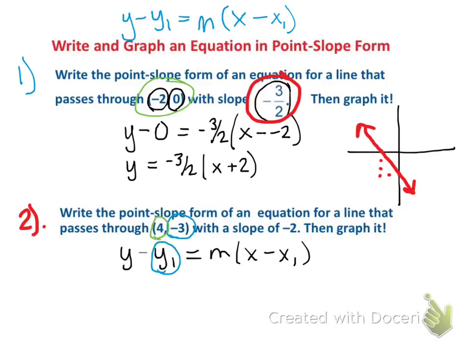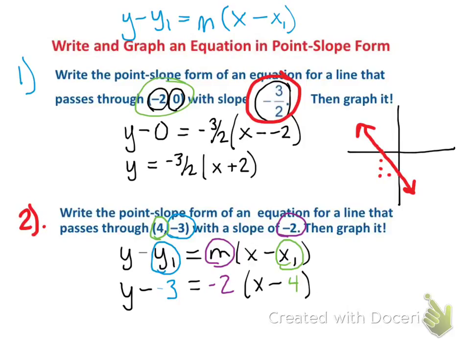This is x. And this is m, the slope. So I'm going to write y minus -3 equals -2 x minus 4.